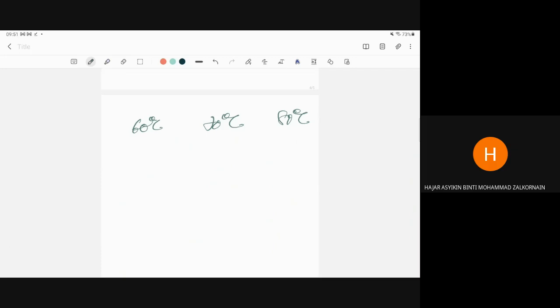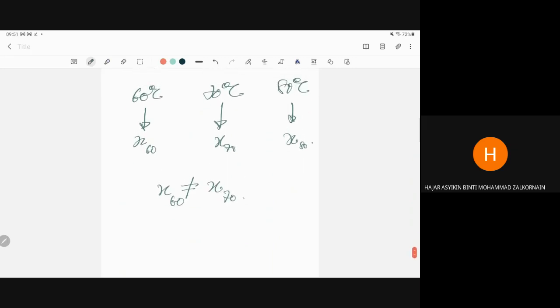And then we will get, for example, X60 as the result, this is X70, and this is X80. Where, for example, X60 is not the same as X70. Can we say that the different temperature is having an effect on the moisture content?